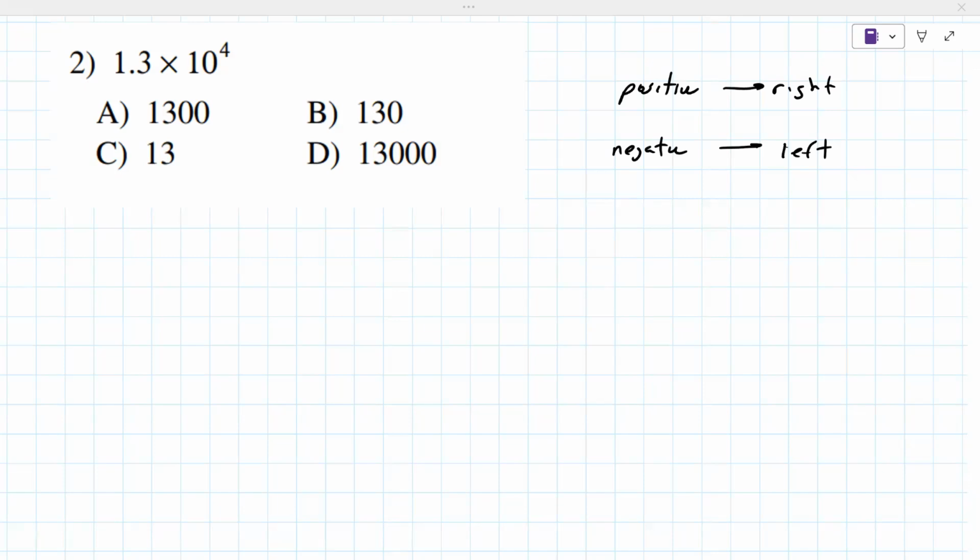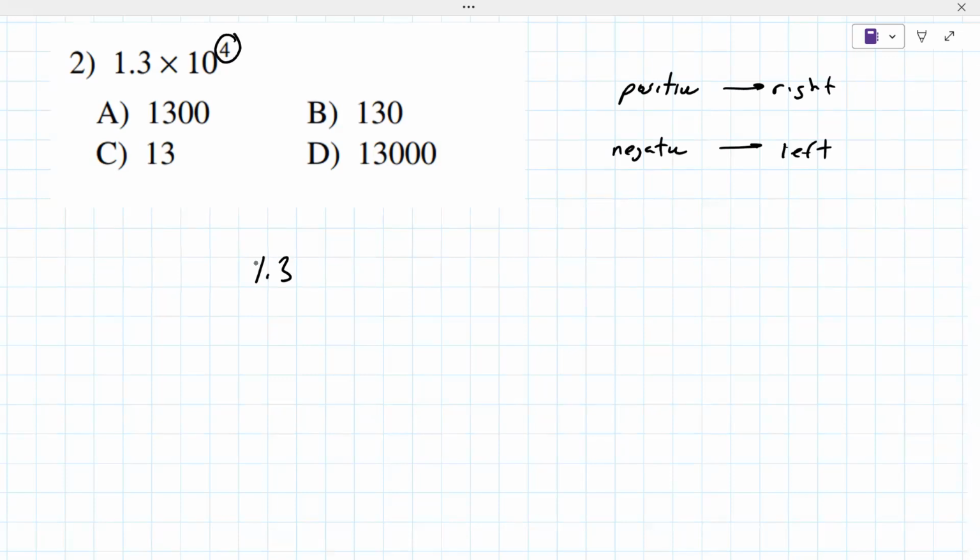You have an answer for me on this one? Would it be C? You said C or D? Yeah. C like Charlie.